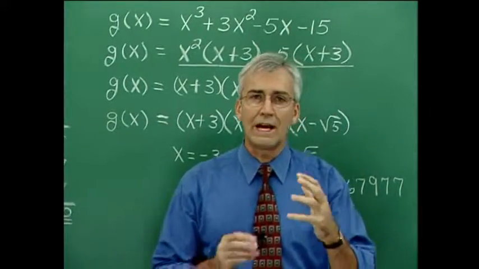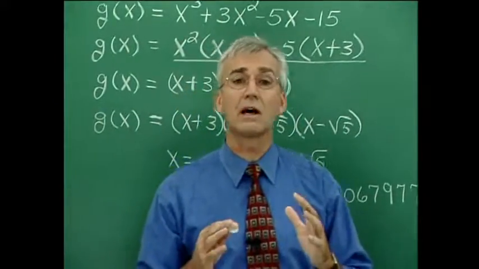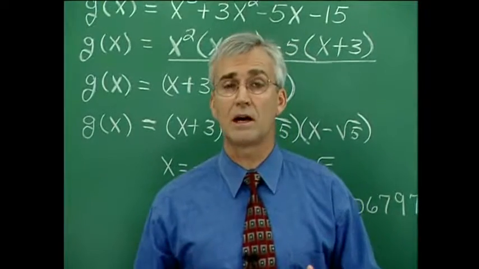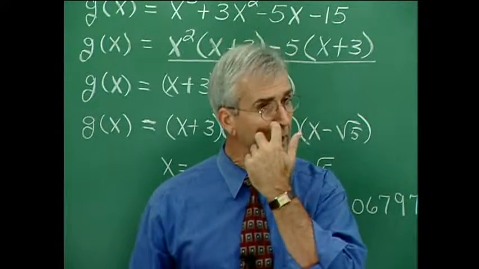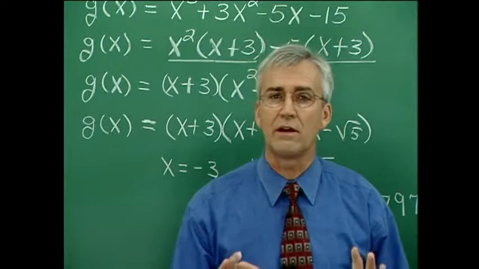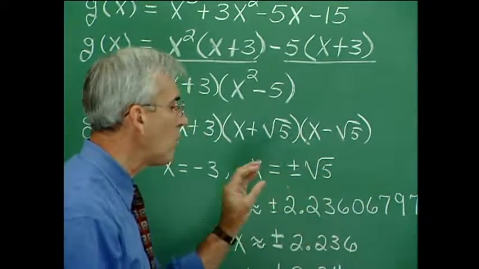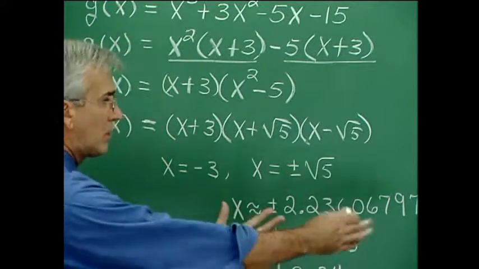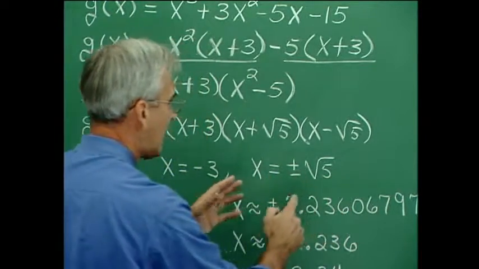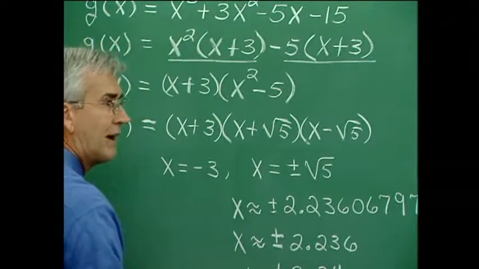Now, this square root of 5, and we've bumped into irrational zeros a number of times, and identifying them can be accomplished algebraically and can be accomplished using the graphing calculator. I want to show you how we do that here. Now, algebraically, when we bump into the square root of 5, if we want a useful number for the square root of 5, we would have to evaluate the square root of 5 on the calculator.